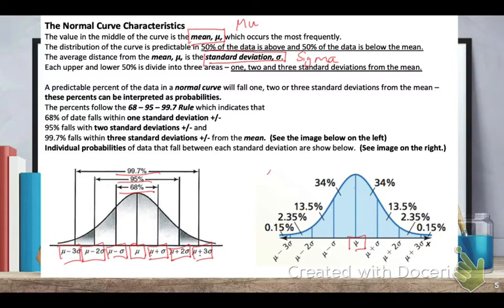Now, if you look at the curve on the right, I want to show you the specific breakdown of how the distributions fall between each standard deviation. So from the mean to 1 standard deviation above, about 34% of the data values will be there. And if we go down in the negative direction, about 34% will be between the mean and 1 below. And then if we keep stepping down, about 13.5% of the data values will be from 1 standard deviation below to 2 below.